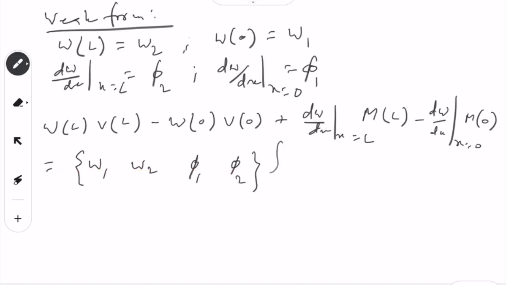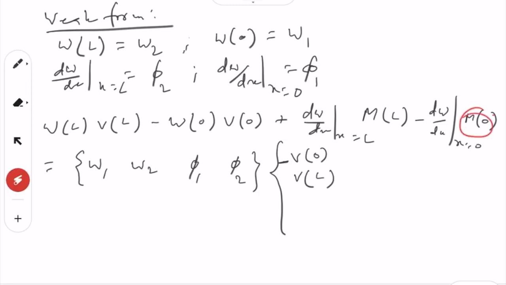So multiplied by W1 is this one. So this is the V at 0, so we write V 0, but minus, then we have VL.